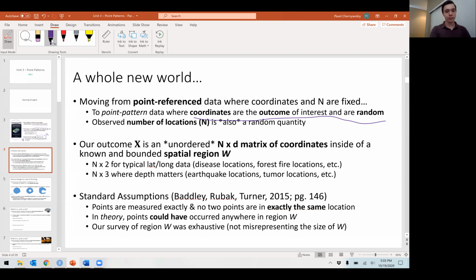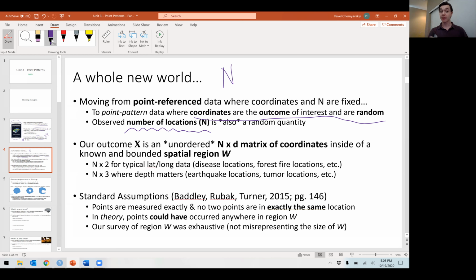And also, the number of locations is a random quantity. So when you are looking at a point pattern analysis, you're looking at a realization. And so a different realization could have the points in a different spot and can have a different number of points. Right? So n is not a fixed quantity.